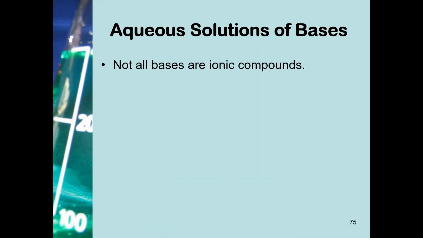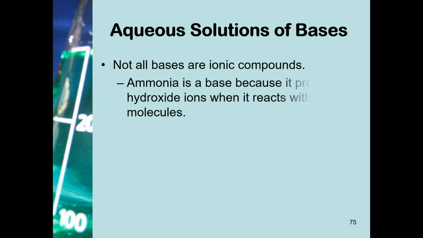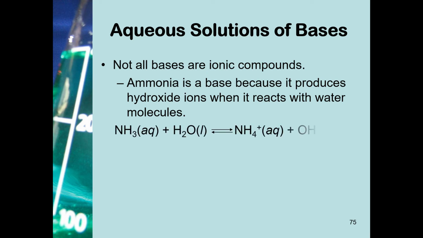But not all bases are ionic compounds. Most of them are, but not all of them are. Ammonia is an example of a base that actually is a molecule that produces hydroxide ions, not because it ionizes, but because it actually reacts with water. And in the process of reacting with water, the NH3 gains one hydrogen from the water.